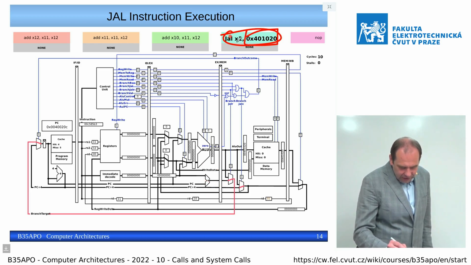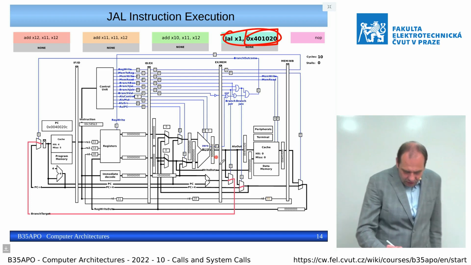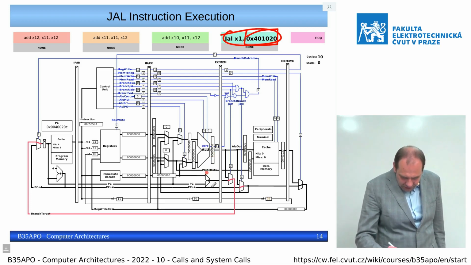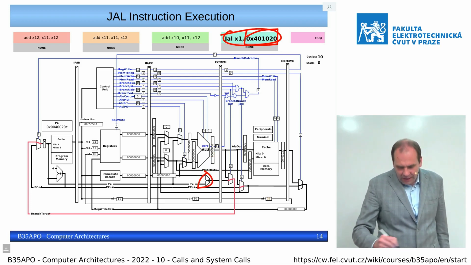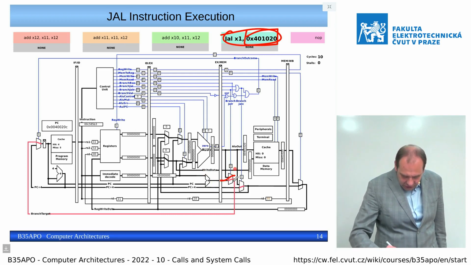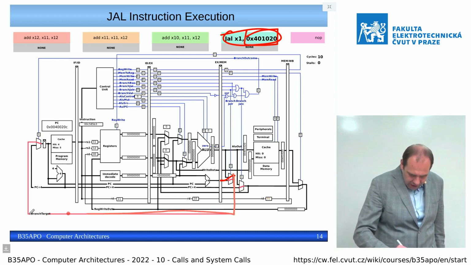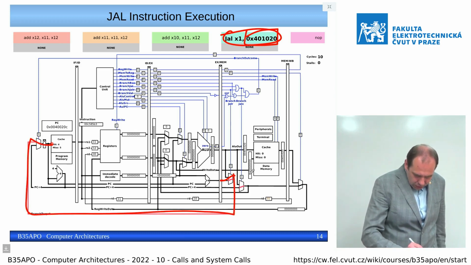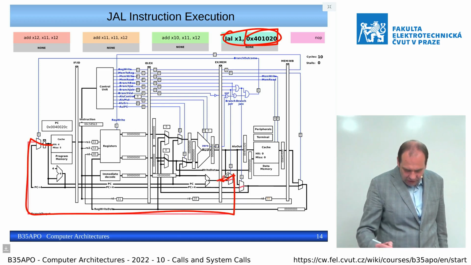First, in the execute stage, the new address for the PC was computed from the actual address of this instruction and the offset from the immediate here. And then when it gets to the memory stage, we switch this multiplexer and select that we want to branch to the new address, which is computed here.